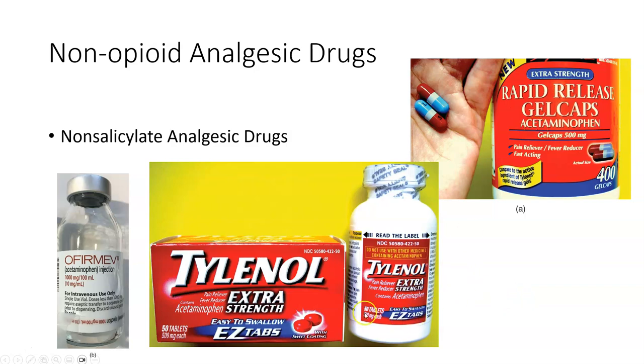The regular strength is 325. Patients should not take more than 1,000 milligrams, 2 of these extra strength at one time. And actually, the FDA advises not to exceed 4,000 milligrams, which is 4 grams, of acetaminophen each day.